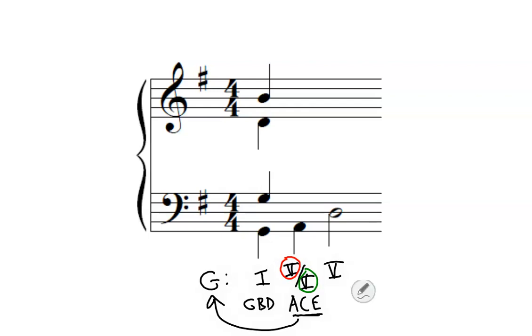Well, right now, if I'm not functioning in the key of G major, I'm actually functioning in the key of this V here, which is D, which has two sharps. Which two sharps are those? F and C. That affects my C right there. So this is going to be an A, C sharp, E chord that I'm trying to spell here. And then my V chord is a D, F, A.